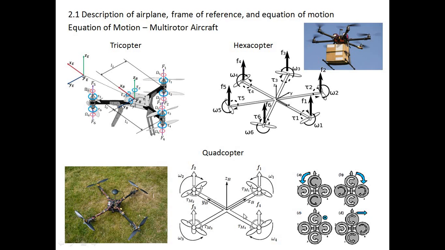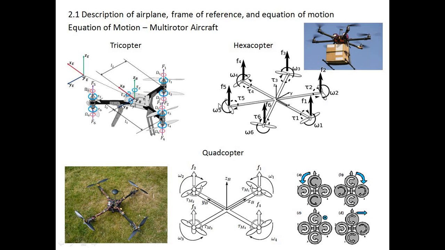This is a hexacopter, this is a quadcopter, and for this you also have to consider the inertia of the propeller blades, because the difference in rotation speed between clockwise and counterclockwise propellers will cause the multi-rotor to yaw.